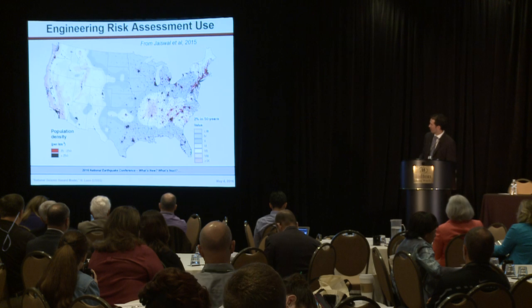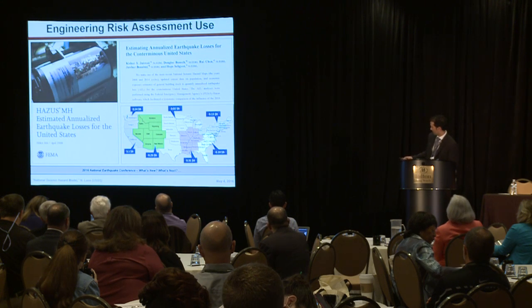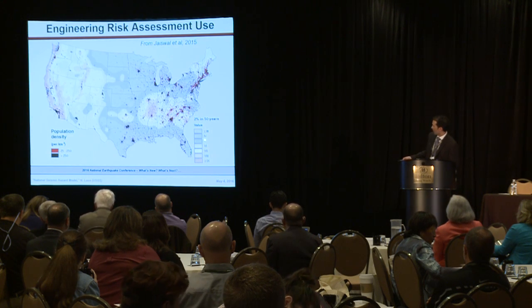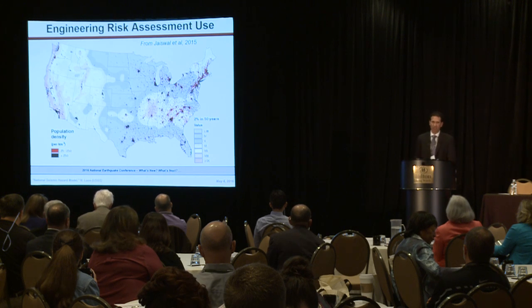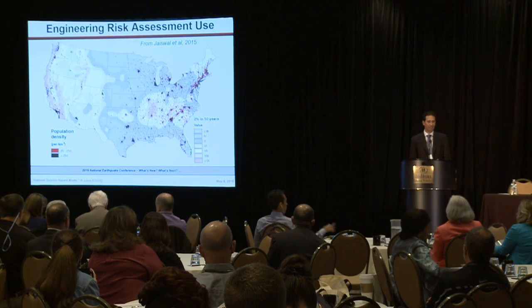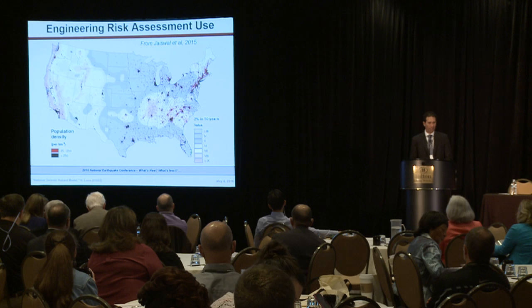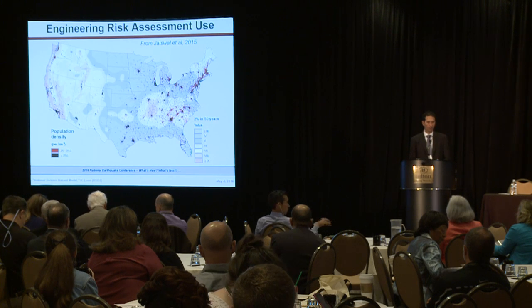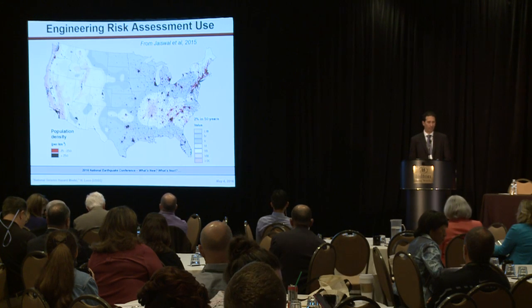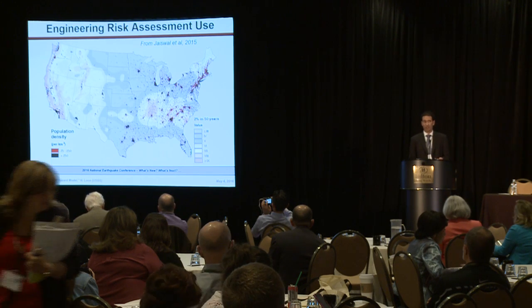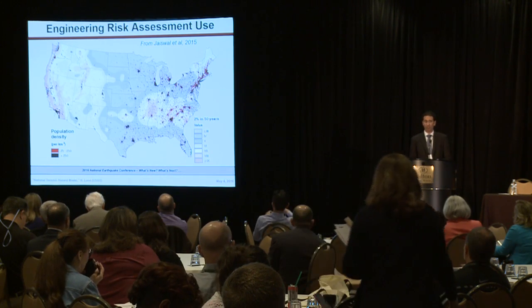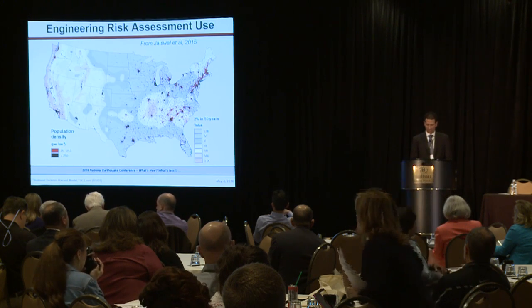And that was really done by looking at intensity 6, which is the beginning of slight damage. And you see the areas that are in yellow or hotter colors, and a lot of the population is in that area. This 50% number didn't change a lot with respect to the 2008 USGS hazard model, but this type of analysis exactly wasn't done before, only retrospectively.